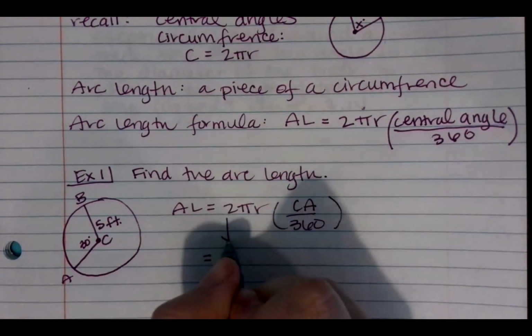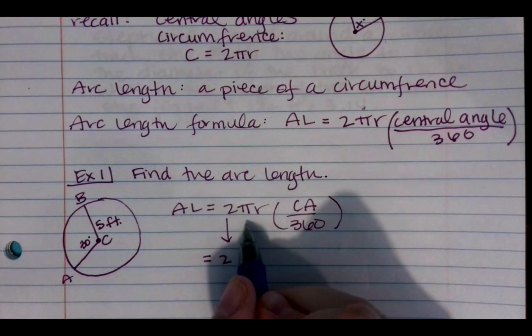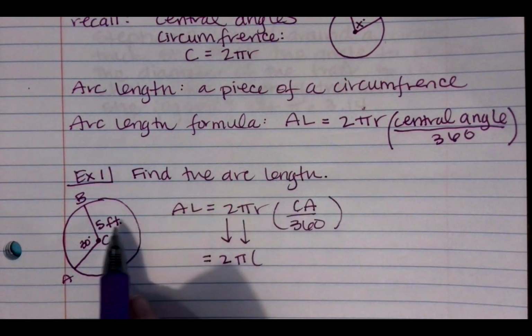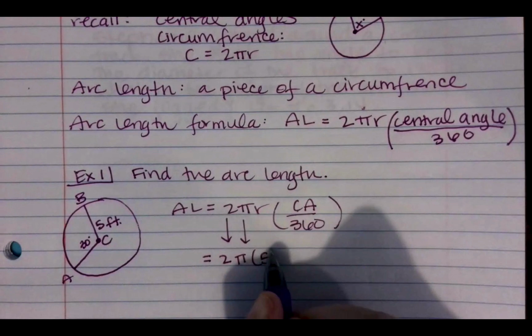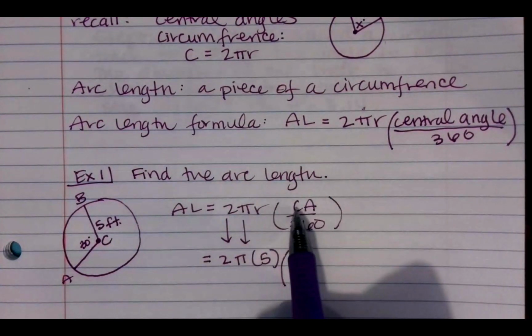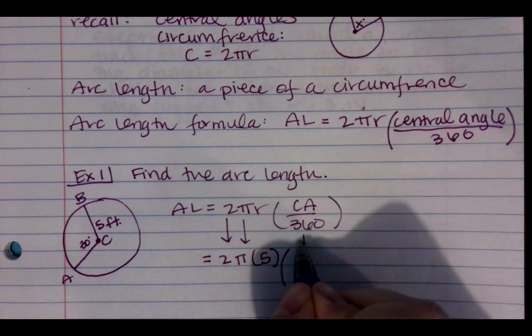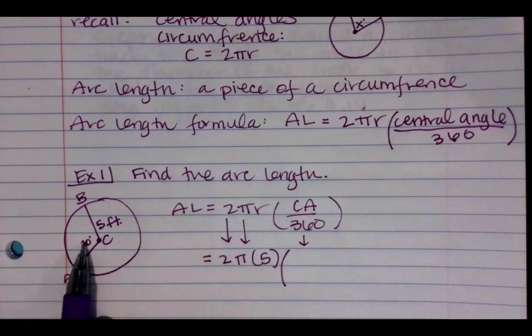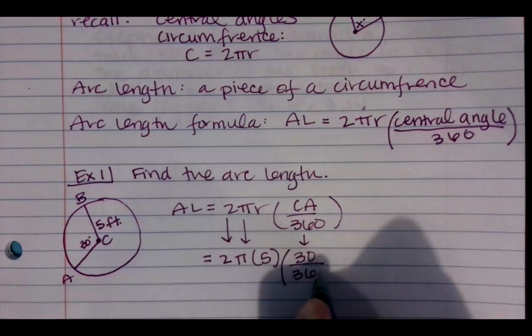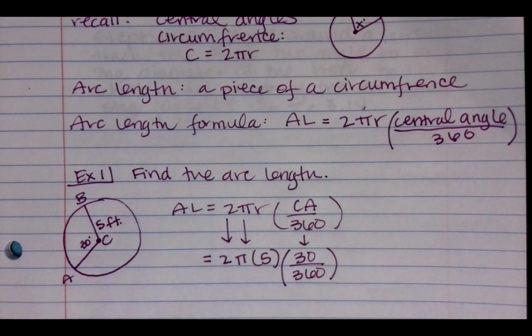So this 2 comes down, this pi comes down. What's our radius for this guy? 5. I'm not going to put the units in there. 5 is good. Times, what's our central angle? Let's bring down that guy. Central angle over here was this 30 degrees. 30. We're going to divide it by 360. And there we go. We plugged everything in.